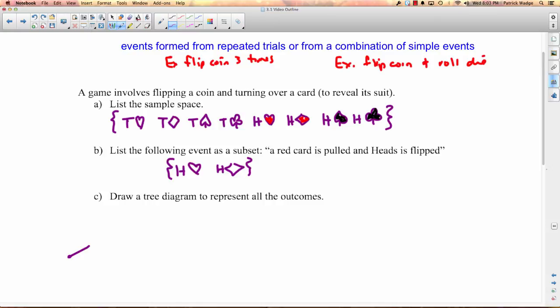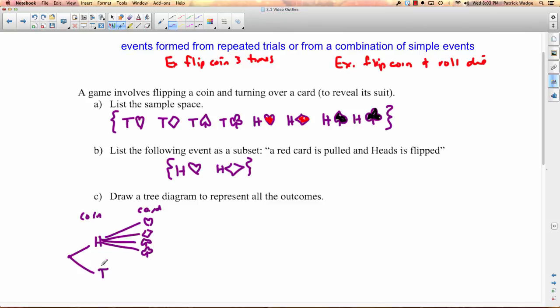So I'll think of the coin, and I'll put coin up here. When I flip the coin, what could I get? Heads or tails? Now I'll think of the card. When I flip the card over, how many different outcomes could there be? 4. 1, 2, 3, 4. Could be hearts, could be diamonds, could be spades, or could be clubs, so it's a little messy.